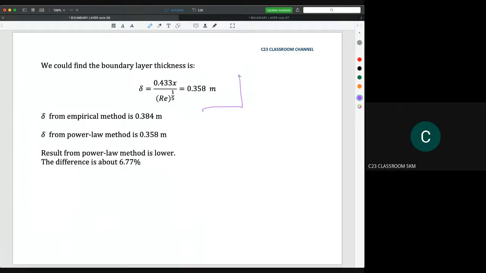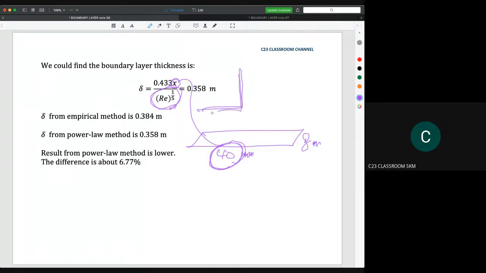Then we substitute the value of the Reynolds number here. We know that our plate is 40 meters long and 8 meters wide. We substitute the value of 40 in this x, so this x is the length 40. So you will get the delta is 0.358 meters.